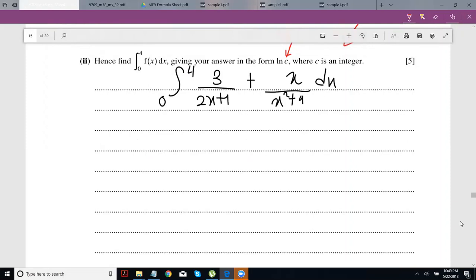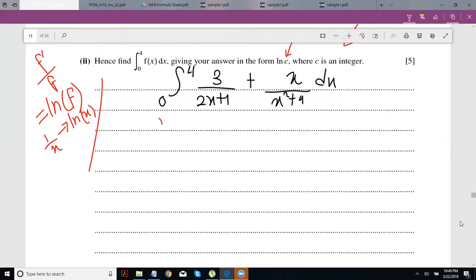An easy way to think of this is, in both of the integrals, one thing you have to remember is that if you have a function in the denominator and its differential in the numerator, you can simply write this as the ln of that particular function. So like, if you have 1 upon x, the differential of x is 1, so you can simply write this as, let's say, ln x.